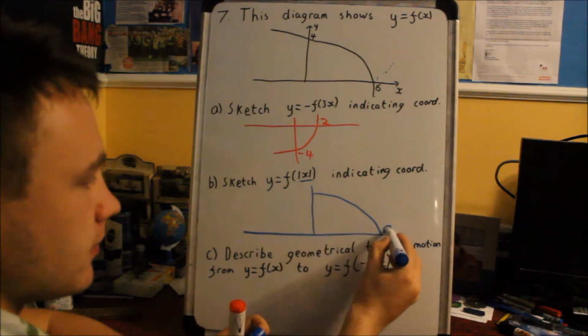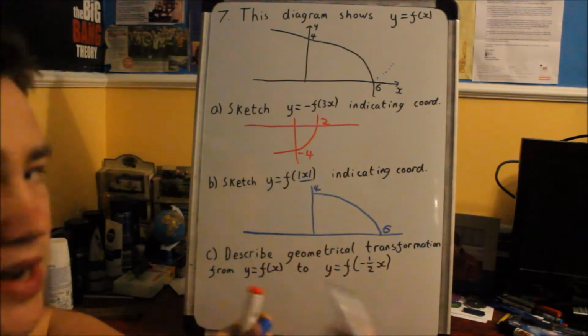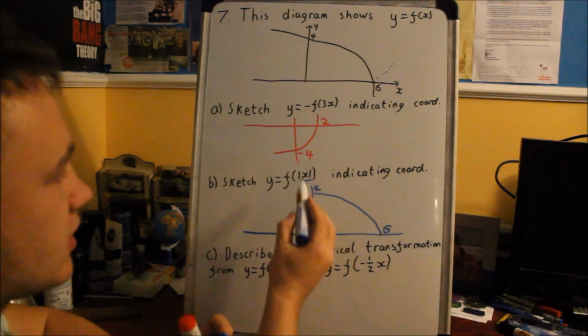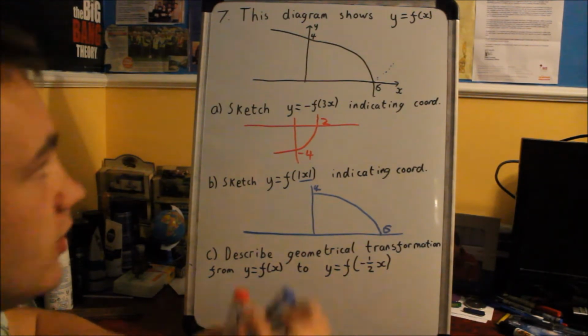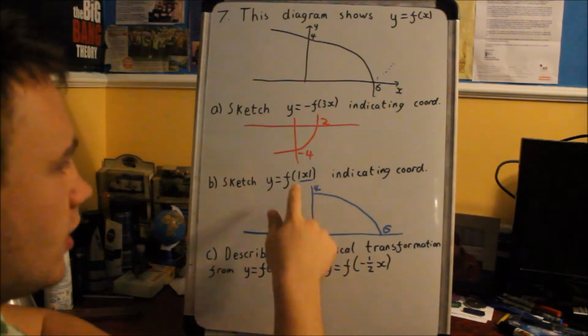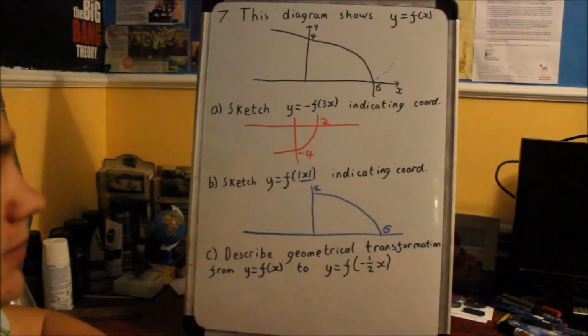That would still be 6, that would still be 4, but it's on this side where there are negative values of x. Because those negative values of x are in this modulus, they become positive values of x when you put them into f of x. Because it's mod of x, when it becomes negative, that's when it changes.